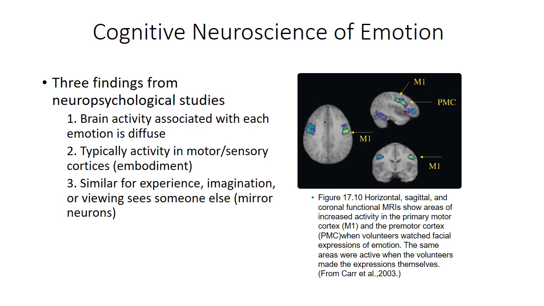Another interesting finding from cognitive neuroscience and emotion is that you get similar brain activity, this kind of diffuse activation that includes motor and sensory reactions. We get that same response regardless of whether we are experiencing the emotion ourselves, whether we're imagining the emotion, or whether we're viewing someone else experiencing the emotion.